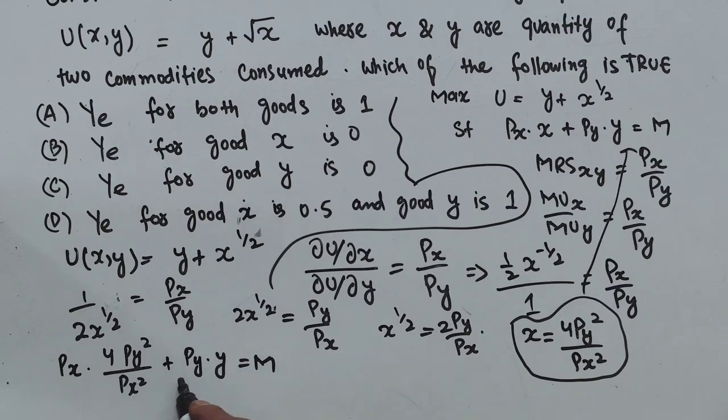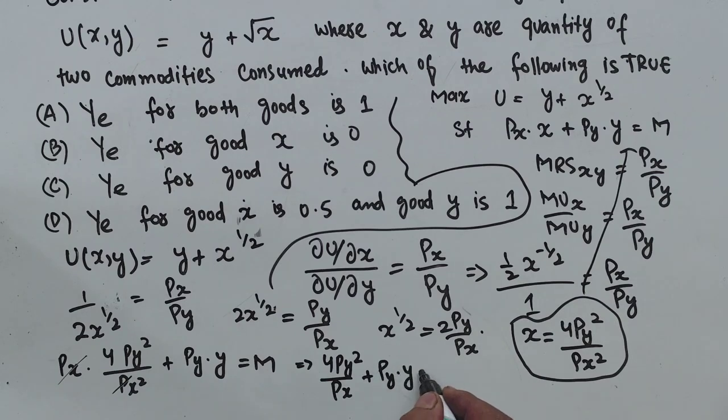Solve for y: here one Px gets cancelled, so we get 4Py² divided by Px plus Py times y is equal to m, or Py times y is equal to m minus 4Py² divided by Px.